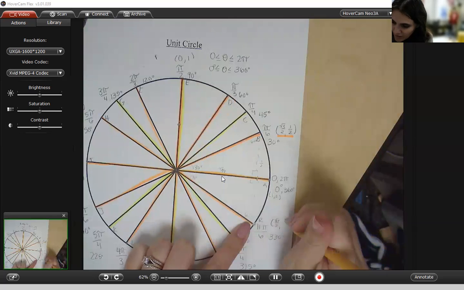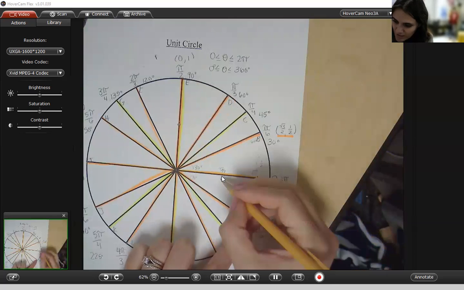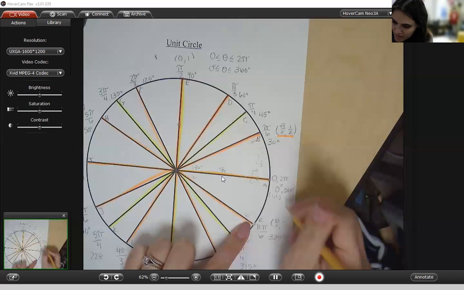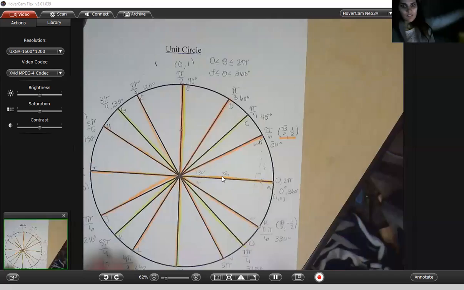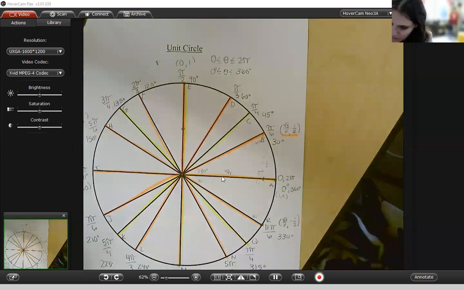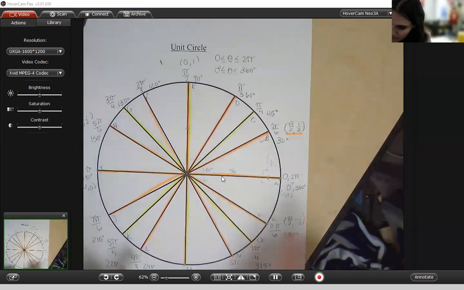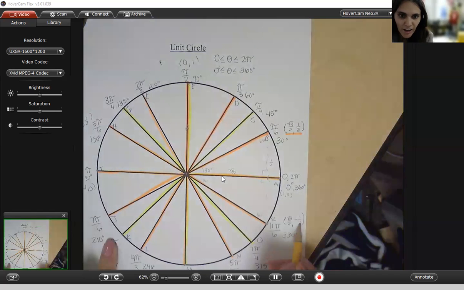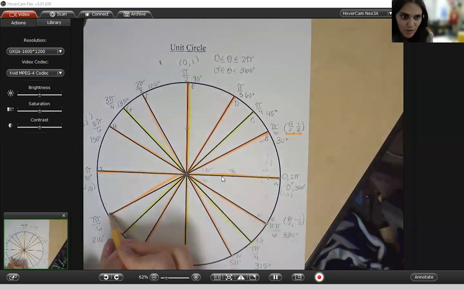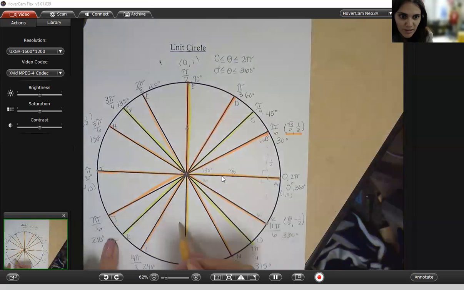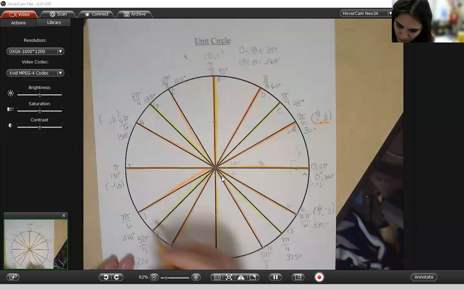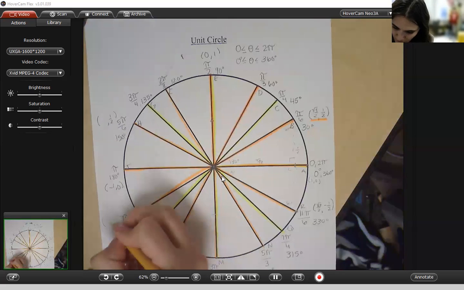The coordinate is going to be to the right rad 3 over 2 and down 1/2. Over here, where else can I say I've gone down 1/2? Right here, the same place on the y-axis at -1/2.